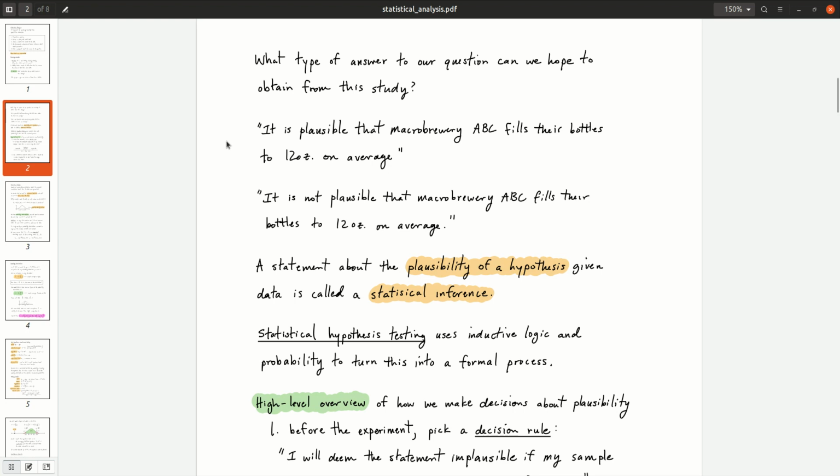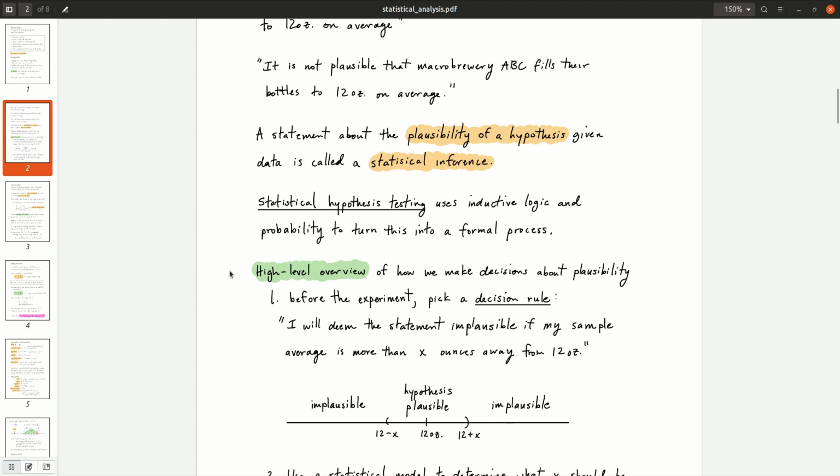But the trade-off here is that we're not going to be able to make precise statements about the actual population average, but we can make statements about the plausibility of hypotheses. Now, a statement about the plausibility of a hypothesis given data is called a statistical inference. That's how I'm defining it for this course.